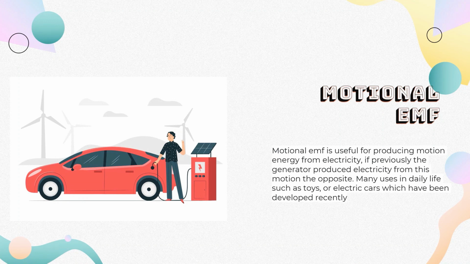An electric car stores electricity, which is different from a common car that stores oil in a tank. A common car moves because of moving pistons, while an electric car moves because of motional EMF.